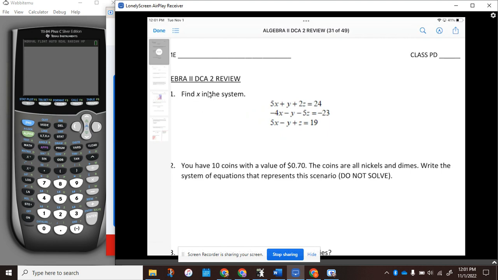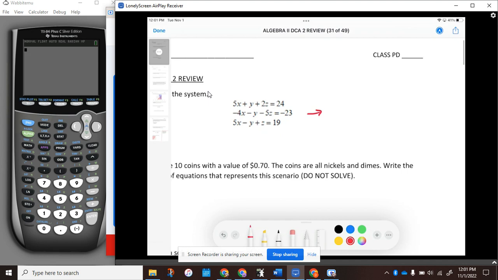Okay, so if we're doing a problem like this, the way we've done them before is we have to have that matrix, right? We got to use what's called the augmented matrix. Okay, tell me about the top row of this matrix. What numbers do we have in the top row of that matrix right there?